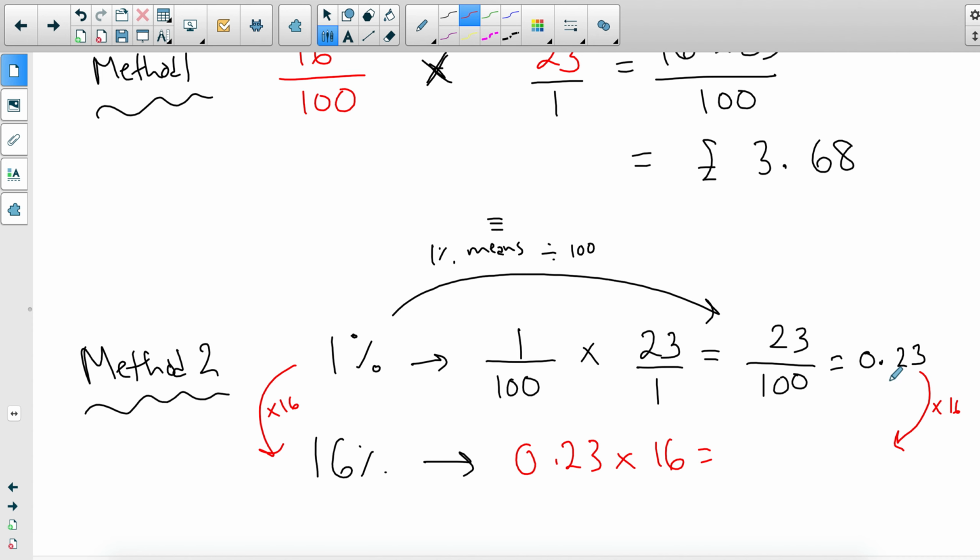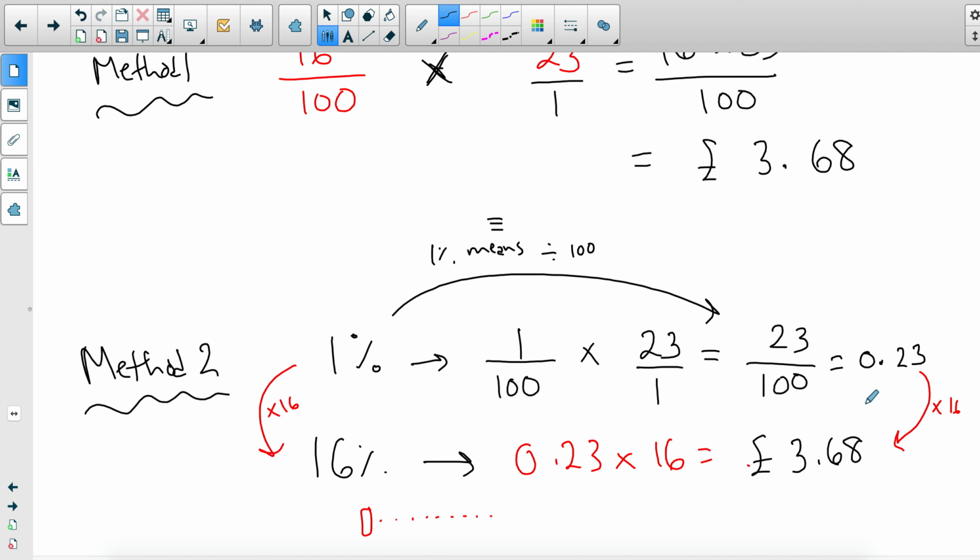This is your 1%, and now you want 16 of that. So you multiply it by 16, and that should give you the same answer, £3.68.